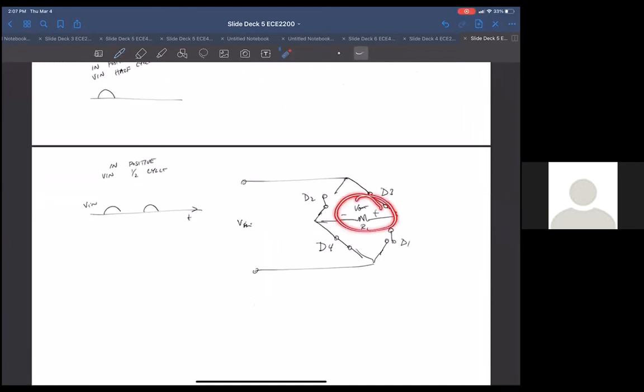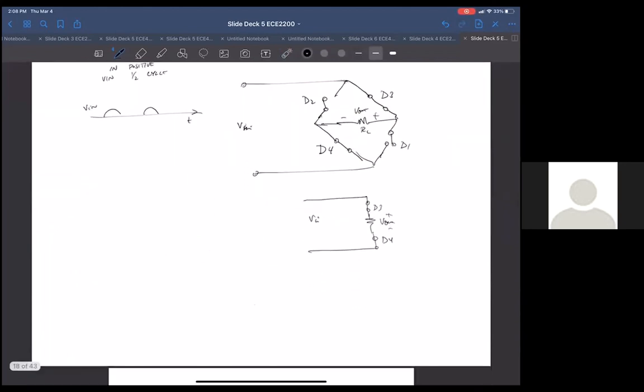If I stretch out the circuit, it's going to look like this. And if I straighten it out, it looks like this, with D4.